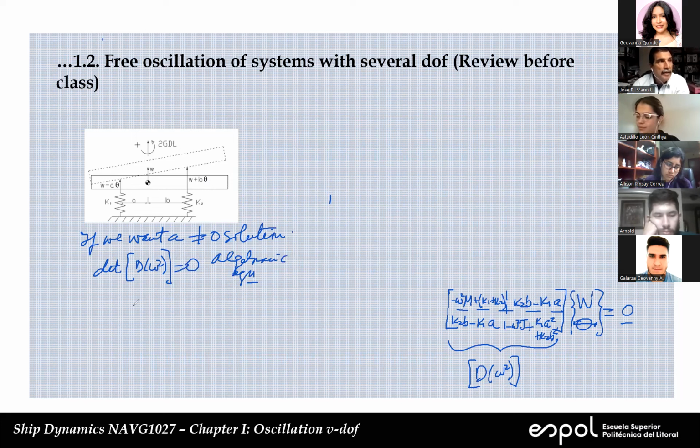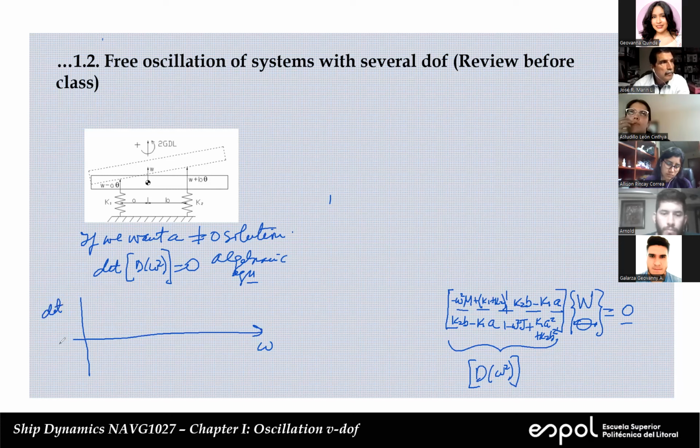Okay, you can plot it. You go like this. Oh, I'm sorry, there are only two roots.